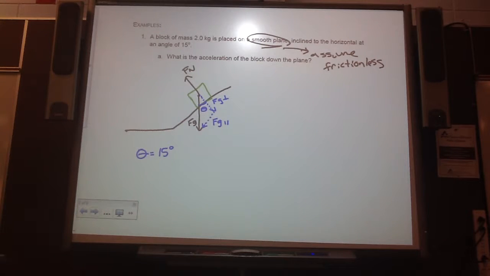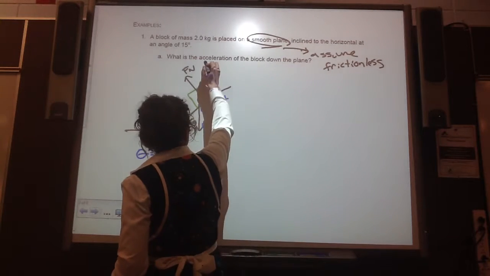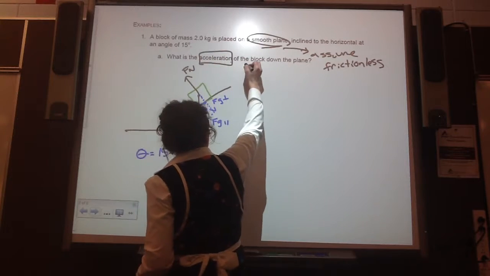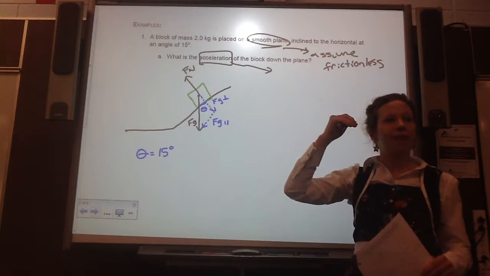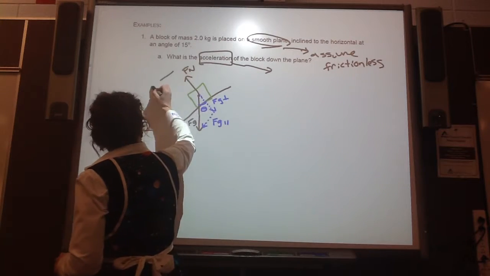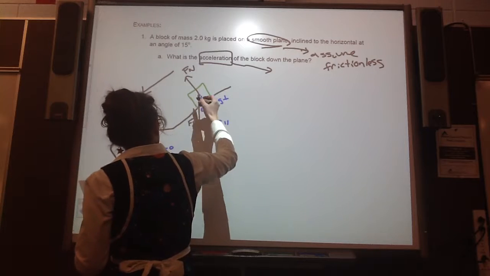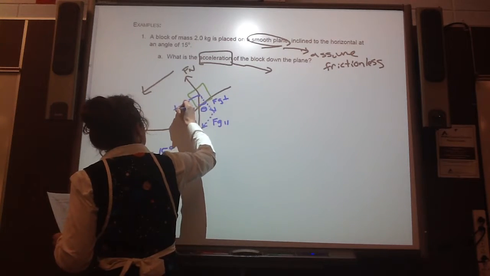And besides that, I'm only really told the mass. I'm trying to figure out the acceleration of the block. Okay, so when we're finding acceleration, we need to use F net in the actual direction of movement. Oh, and I should put Fg parallel here too.